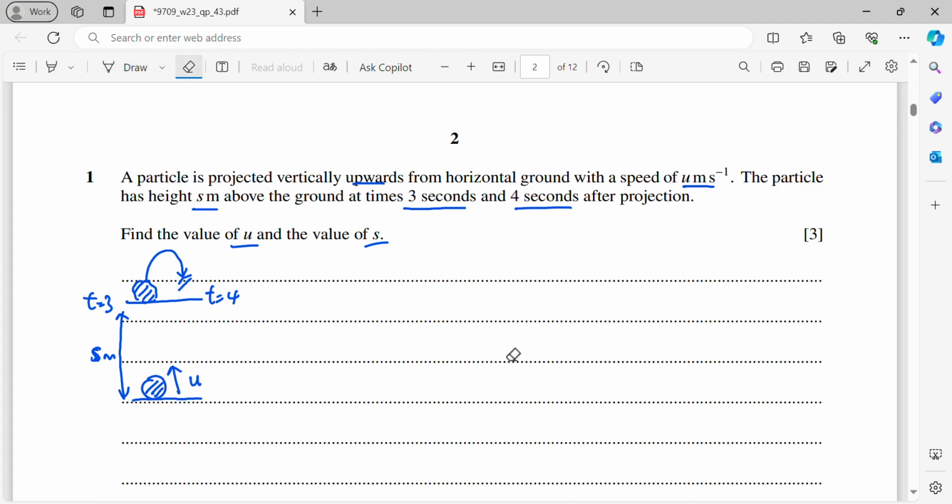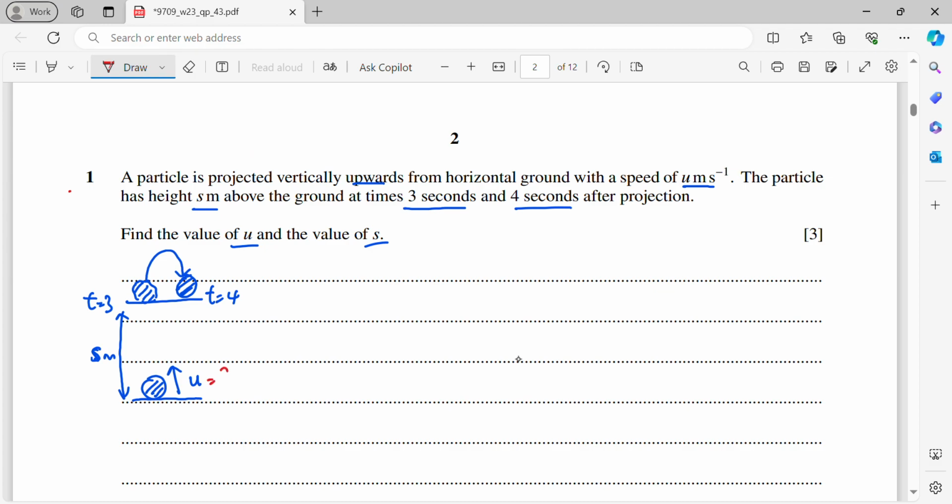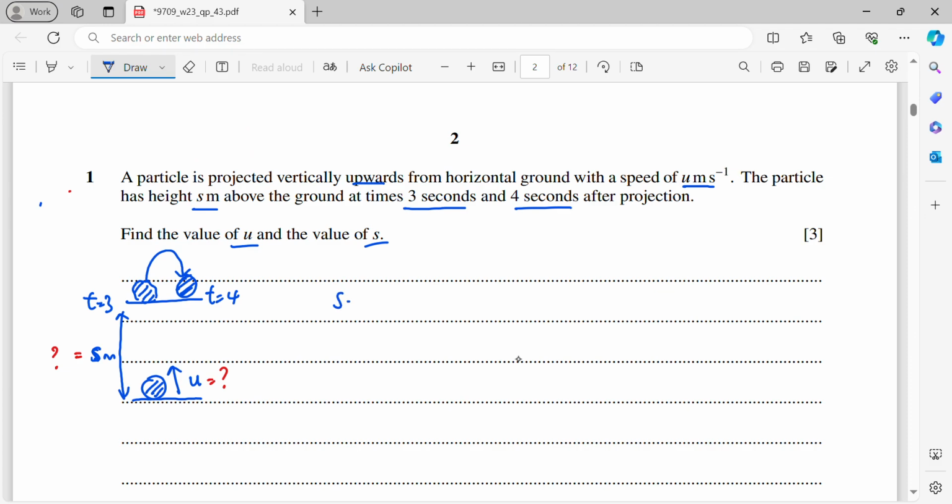Now to get the u and s, I will just use the formula s equals ut plus half at squared.